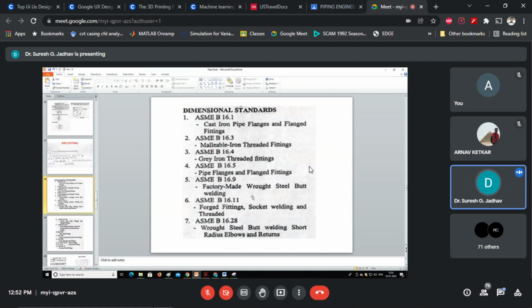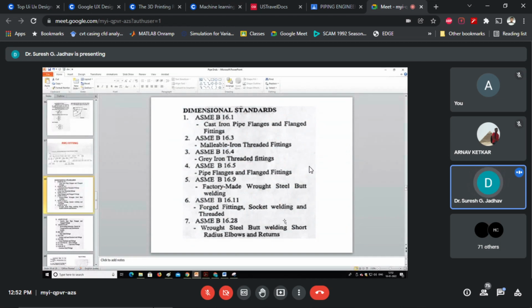Now the next one is ASME B16.9, factory made wrought steel butt welding fittings. These are the manufacturer standards. Therefore here we consider the factory made wrought steel butt welding fittings. Now next is ASME B16.11. Here forged fittings, socket welding and threaded.